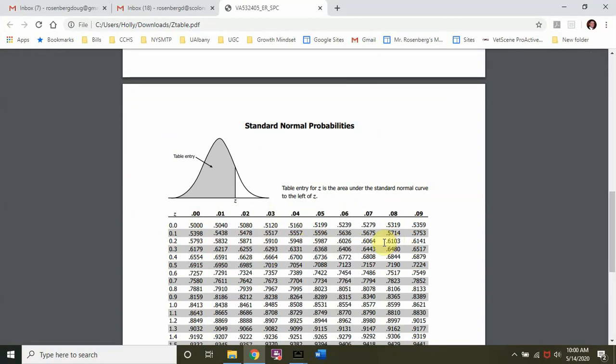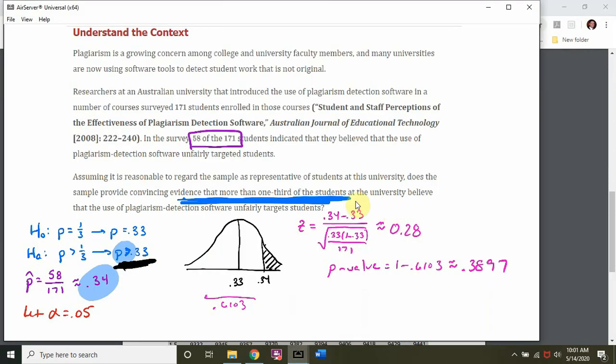We want the area to the right, so that's 1 minus that, and that's going to be 0.3897. So what does that mean? I just wrote that. So the p-value, 61% was to the left of that. So 1 minus gave me about 39% of the time for that region.